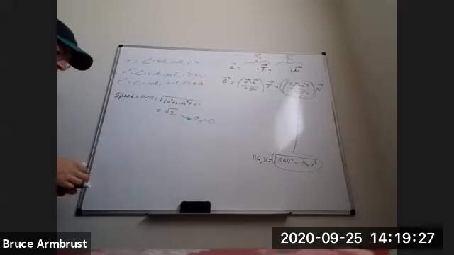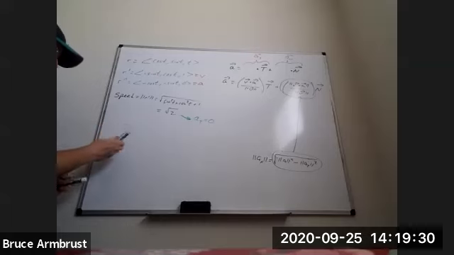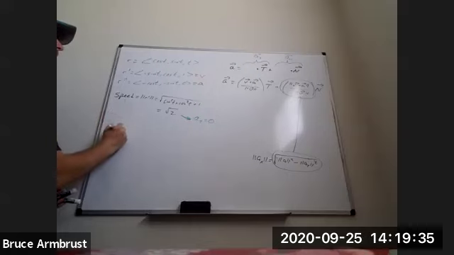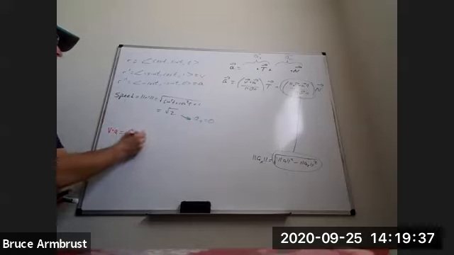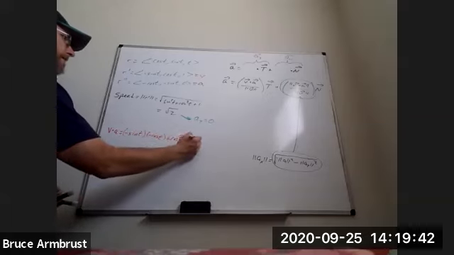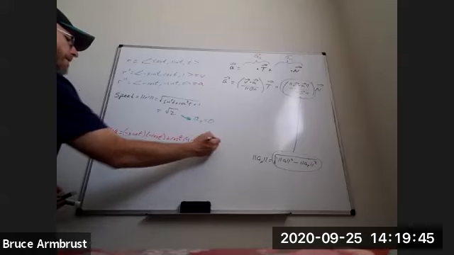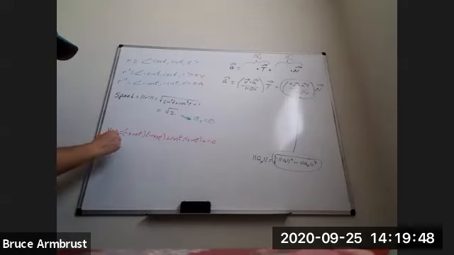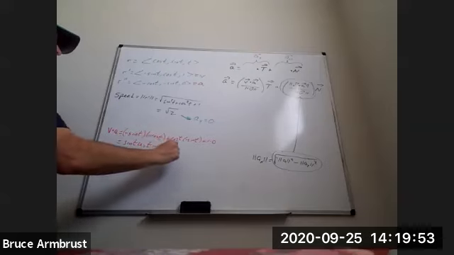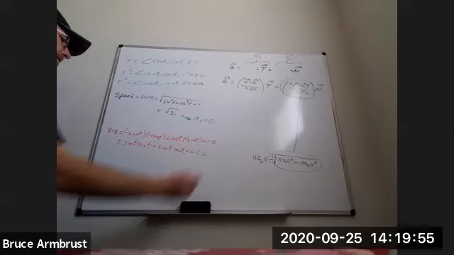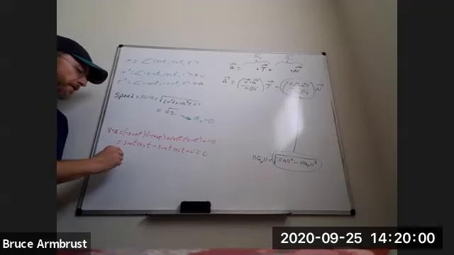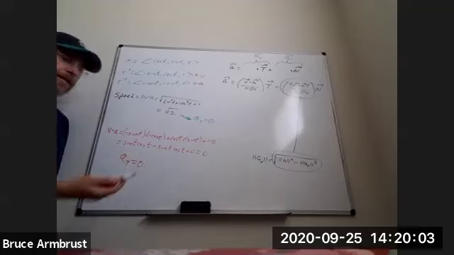If we're going to do v dotted with a, v dotted with a is going to be minus sine times minus cosine, plus cosine times minus sine, plus 1 times 0. So this is a sine cosine, minus a sine cosine, plus 0, which is 0. So the magnitude of v doesn't actually matter. And so we do see then that a sub t is equal to 0.